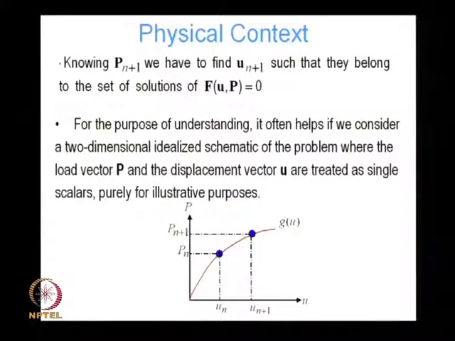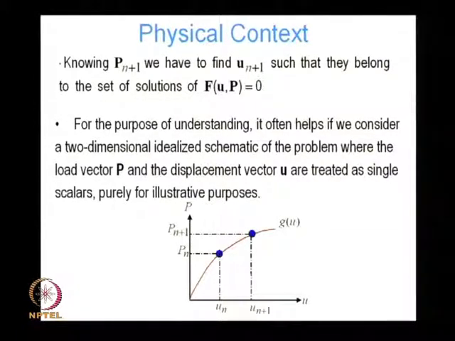So, basically knowing Pn plus 1, we have to find Un plus 1 such that they belong to the set of solutions of my nonlinear equation f, which is a function of u and p, where u and p are vectors.